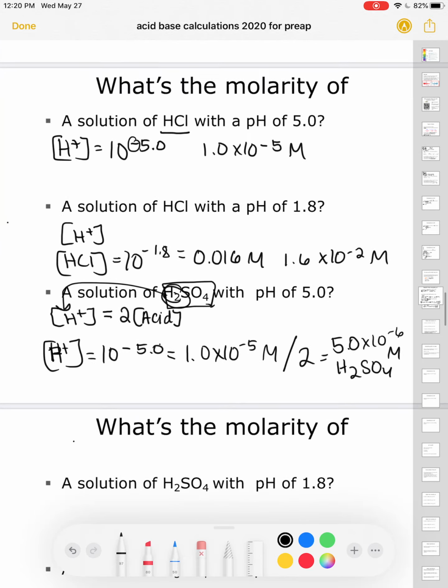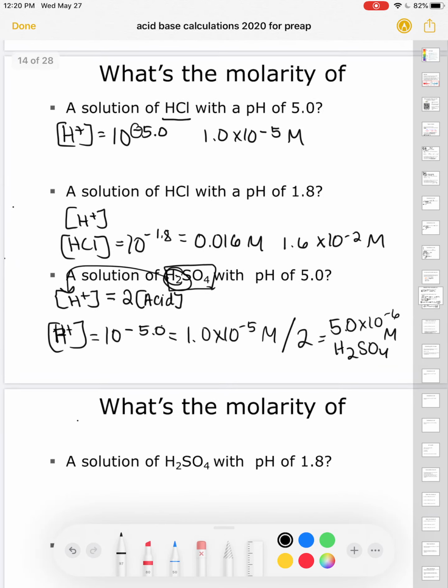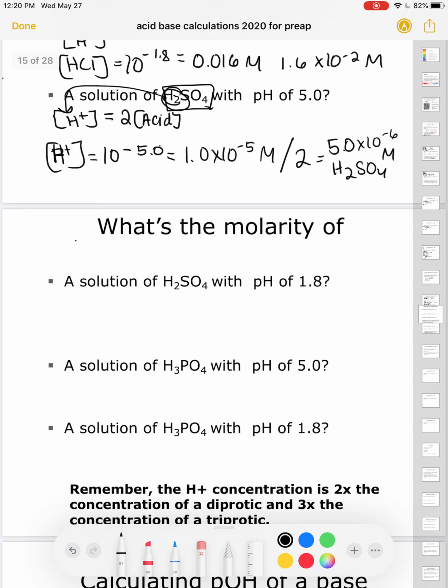Okay, let's just do a few more. So we're going to be dealing with the same numbers just for simplicity's sake. So we have sulfuric acid with a pH of 1.8. We have already solved this, the H plus concentration of this up here. My H plus concentration here was 1.6 times 10 to the negative 2 molar.